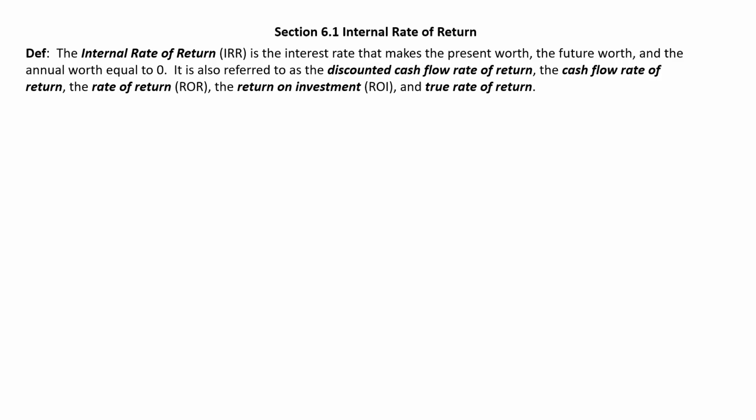If you know the present worth formulas much better than the other ones, go ahead, use a present worth formula and set that equal to zero. Or you can do future worth or the annual worth. Any one of those would work.